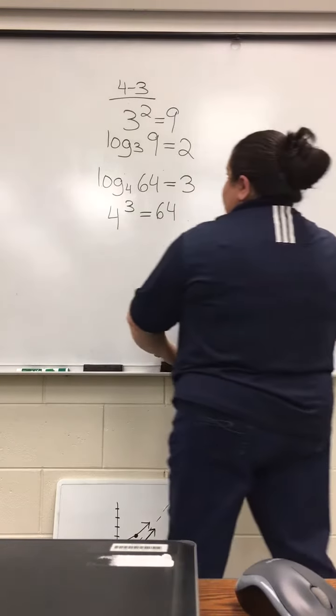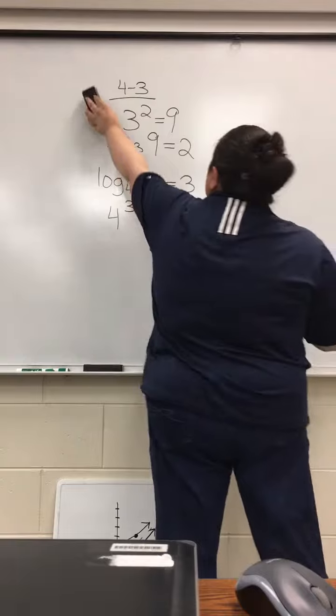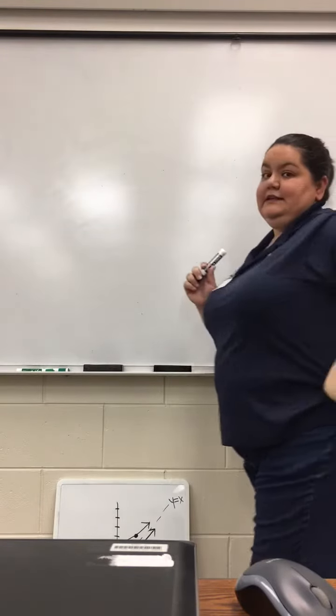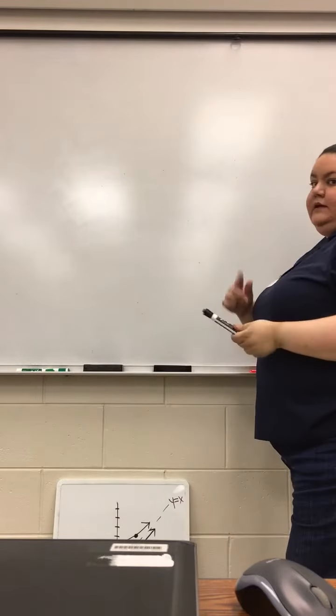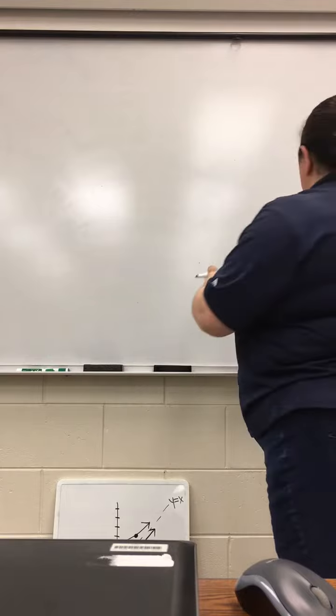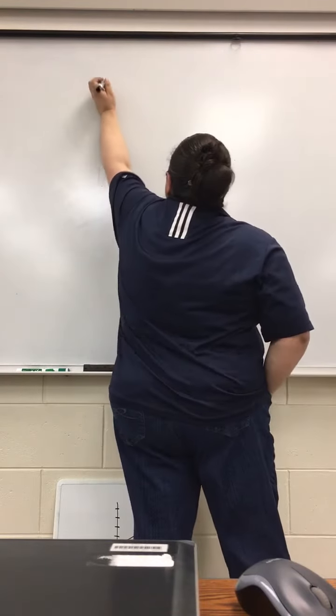Now let's go to 4.4, which is what we were just doing today. You guys liked it because you thought it was really easy, so let's keep on being easy and go over a couple real quick.